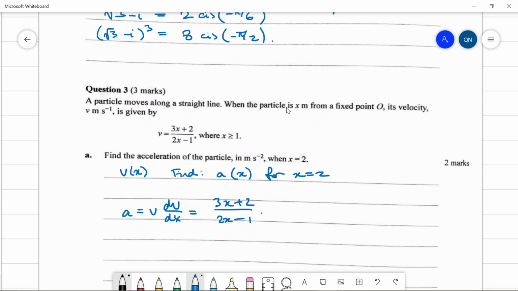Let's just use the quotient rule because I don't know. How does that work? It's (2x minus 1) squared on the bottom. And on the top you do v, which is 2x minus 1, times u dash, which is just going to be 3. And then you do minus u, which is 3x plus 2, times v dash, which is 2. Okay, so you do a of x with x equals 2 to get the acceleration.